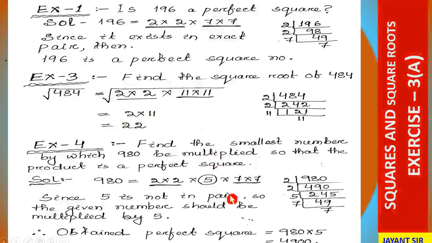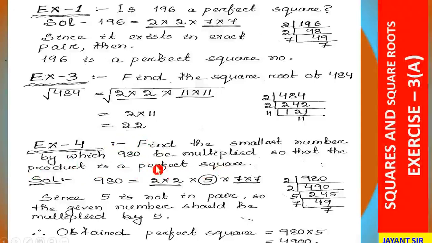Next come to example 4. Find the smallest number by which 980 must be multiplied so that the product is a perfect square number. In this question we need to find the smallest number that must be multiplied by 980 to make it a perfect square.